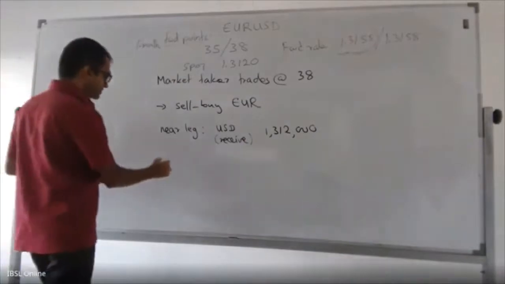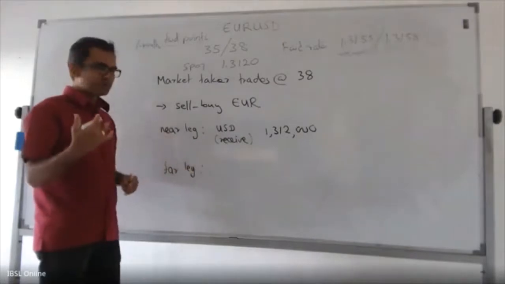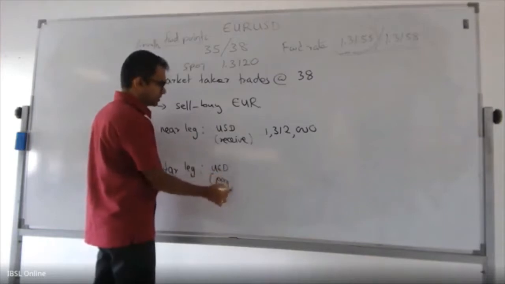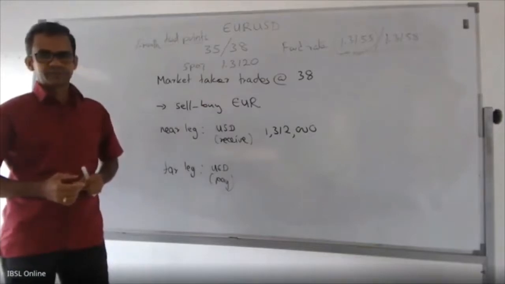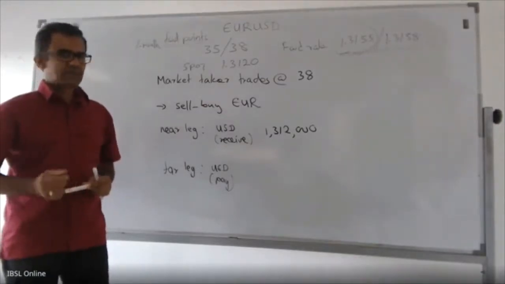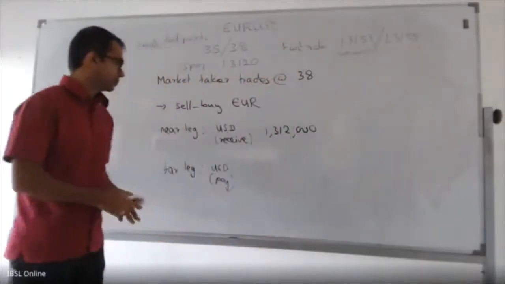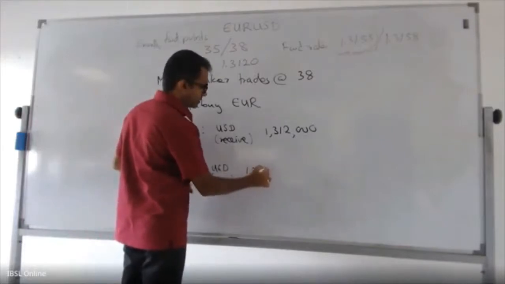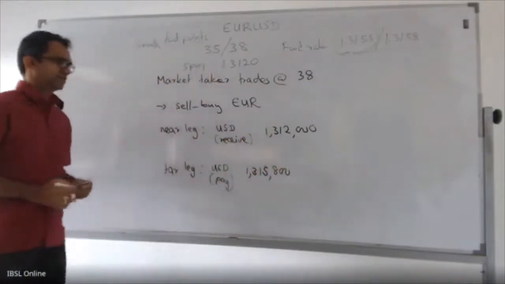In the far leg, you buy euro, so you have to pay. What's the amount that you pay? What's the applicable rate? 1.3158. Then the amount that you pay is 1,315,800.